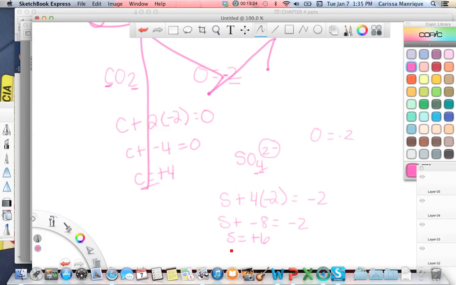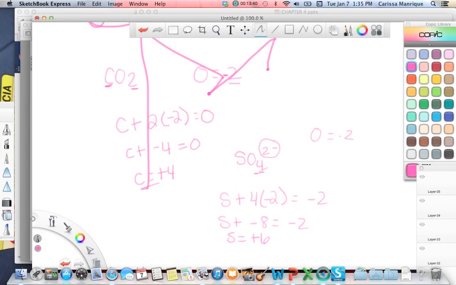The next one will have more examples, and then after that we're going to apply them to actual reactions. So how do I apply this to a reaction? How do I know if something's a redox reaction?